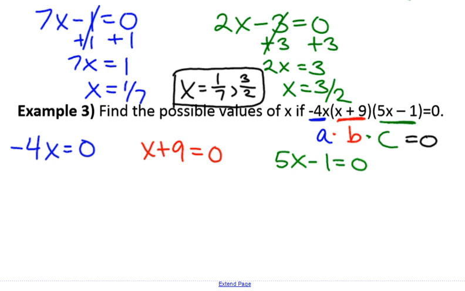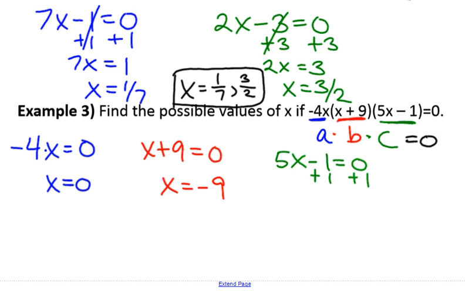Now, negative 4x equaling 0, that's really easy because negative 4 times what equals 0? Just 0. Okay, so if x was 0, this whole thing would equal 0, which is fine. Then the next one, x plus 9 equals 0. That's easy. That would just be negative 9. And then 5x minus 1 equaling 0.